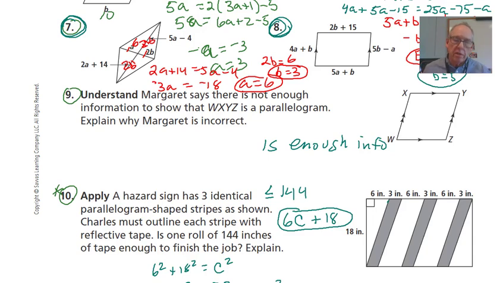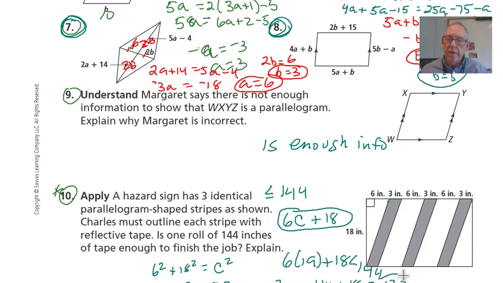But decimal-wise, let's see what the square root of 360 is. The square root of 360 is 18.97, so we'll just call it 19. So to answer this, it's about 19. And so is 6 times 19 plus 18 less than 144, because he only has 144 inches of tape. 6 times 19 is going to be 114, and 18 gives us 132.